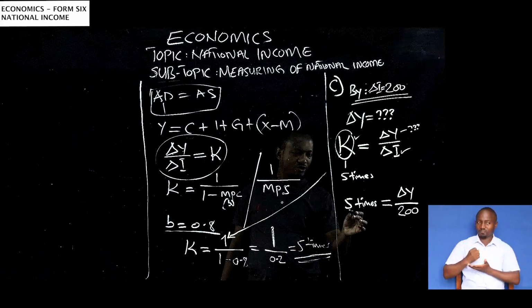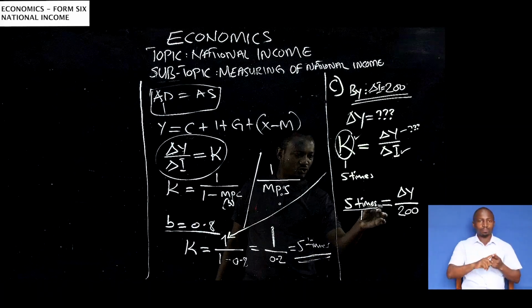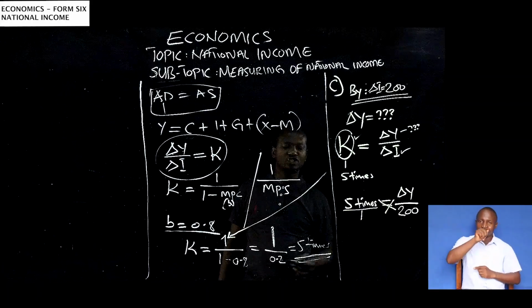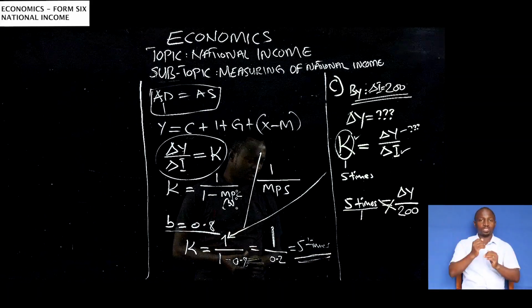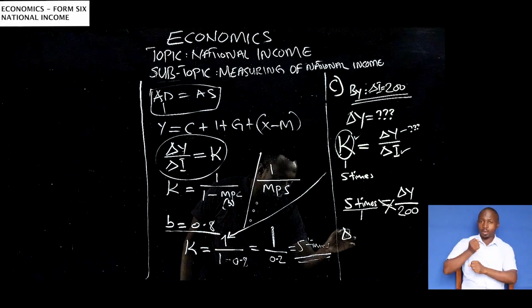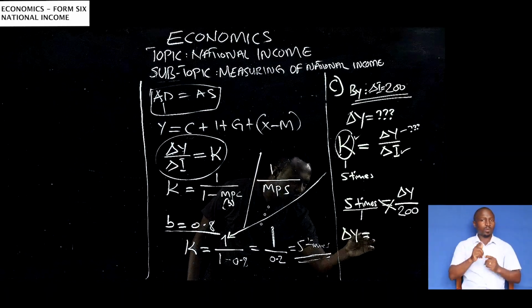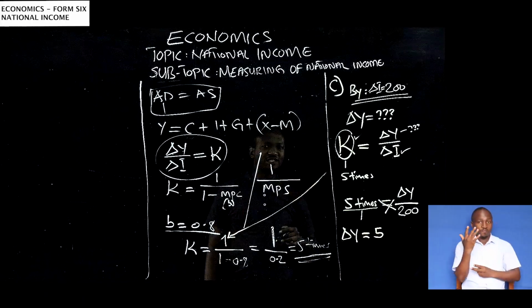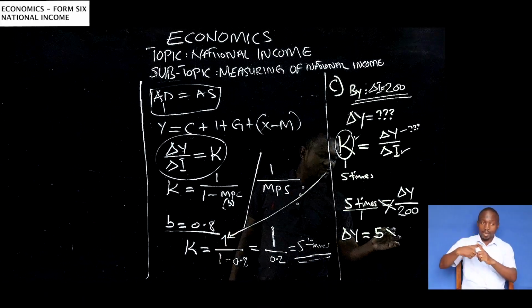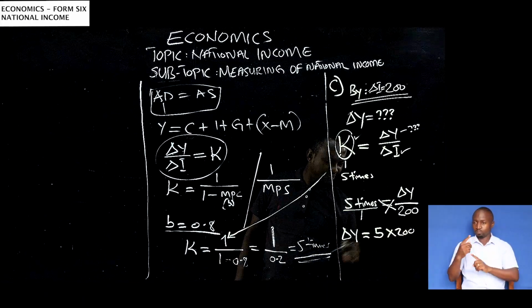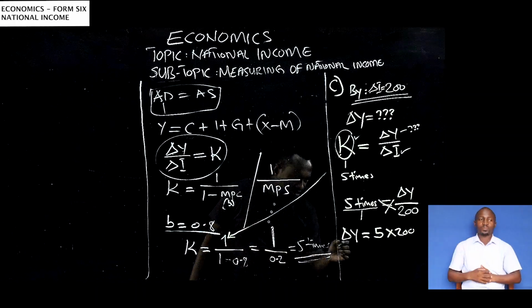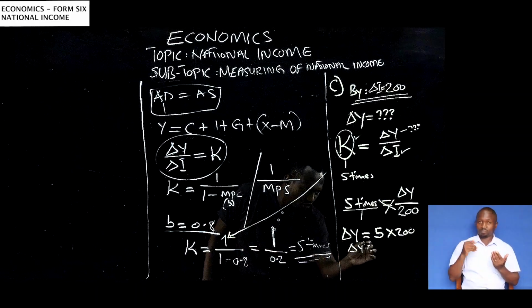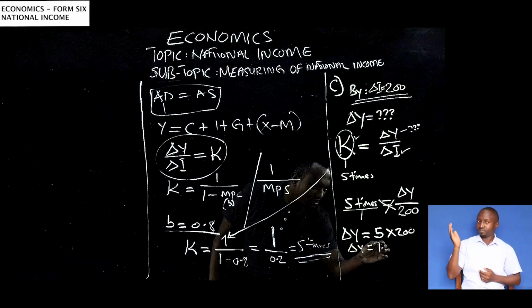Here we cross multiply to get the change in income. So change in income will be equal to 5, which is the multiplier, times 200. Change in income will be 1,000.